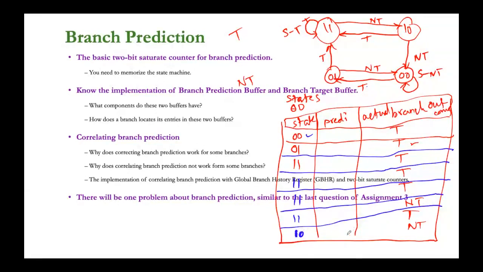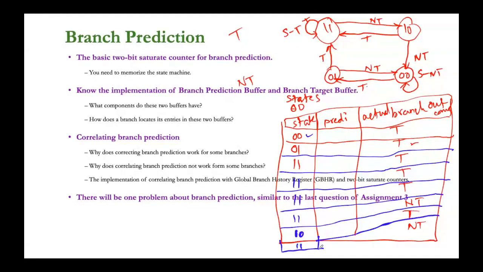From the 1 0 state, it is taken again, so it goes to the strongly taken 1 1.